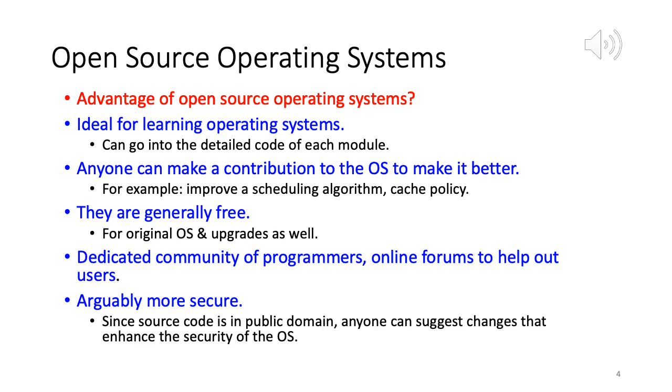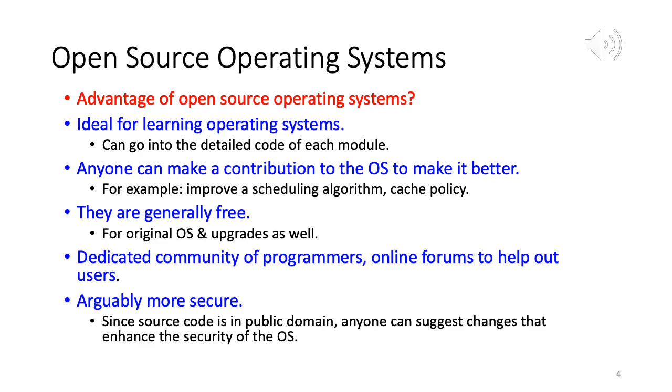Which process gets how much memory and where? If I want to see how that function works, I can go into the source code and study it. So it's really great for learning operating systems. If I want to do that with closed source, because the code is not available in source code format, that is not possible.